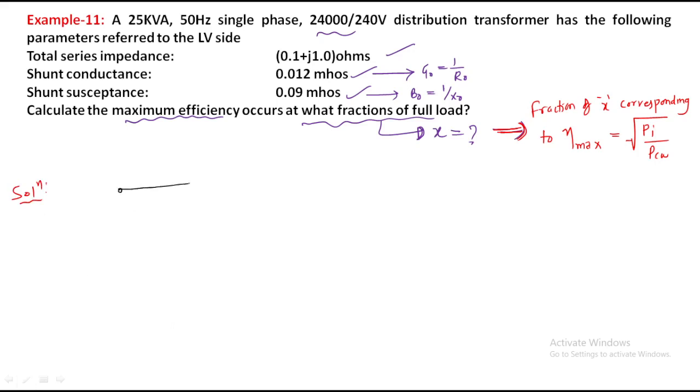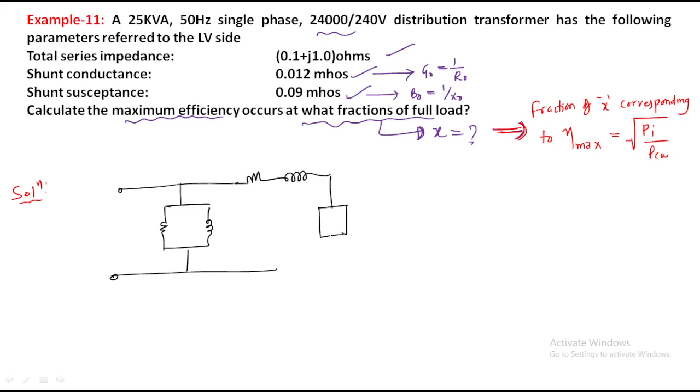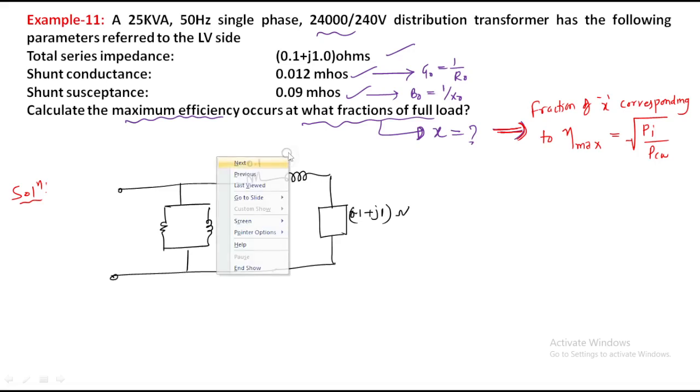First I would like to draw the equivalent circuit. We have R01, X01, and we have a load. This is the load, that is 1.0 ohms.